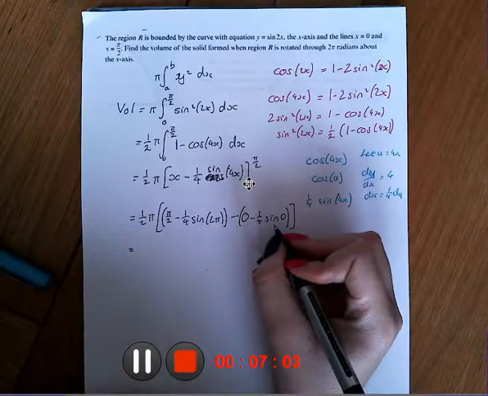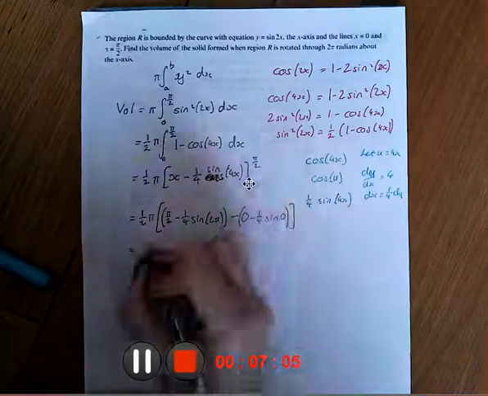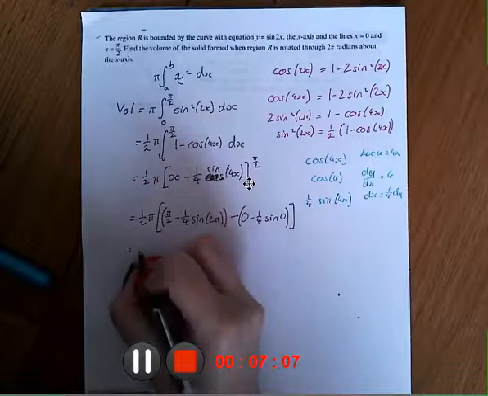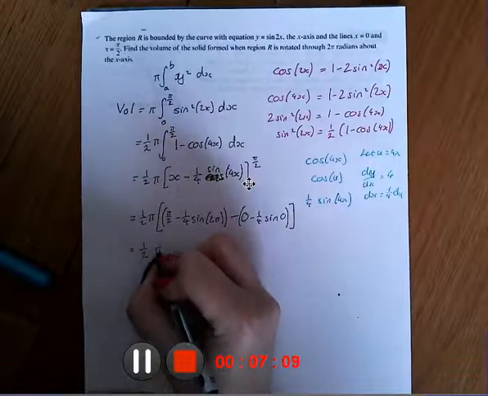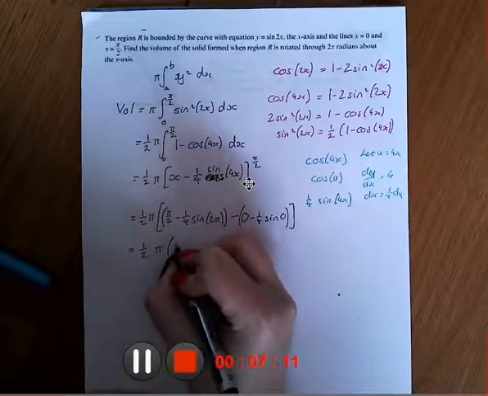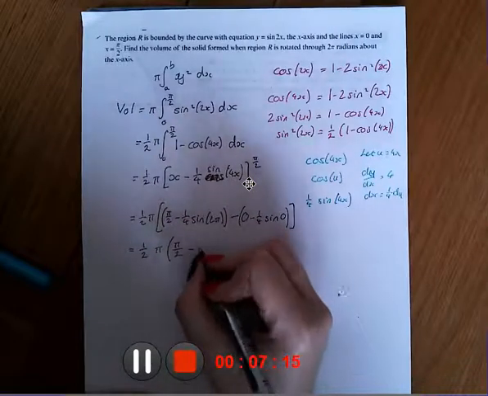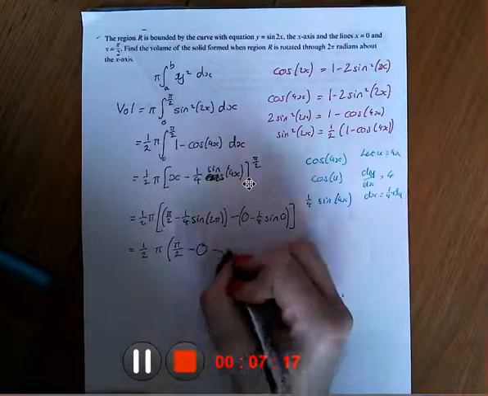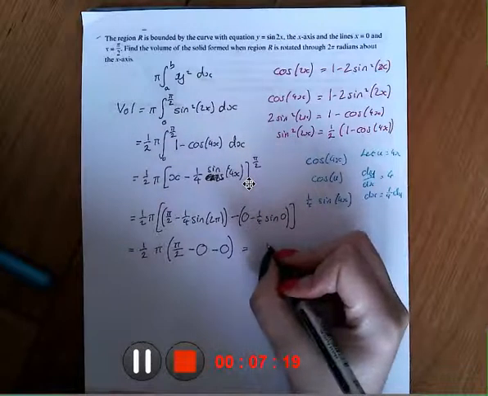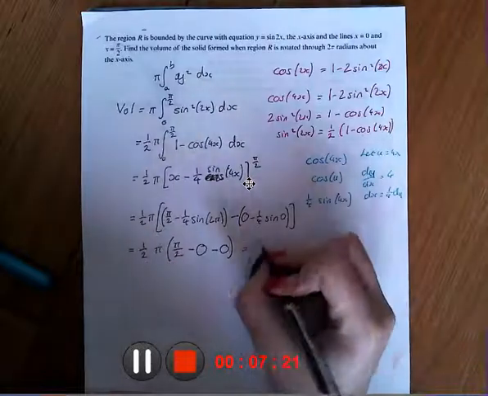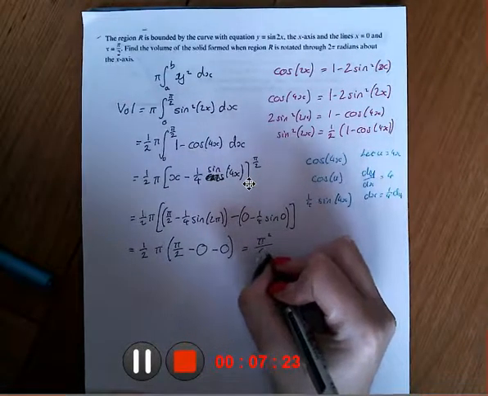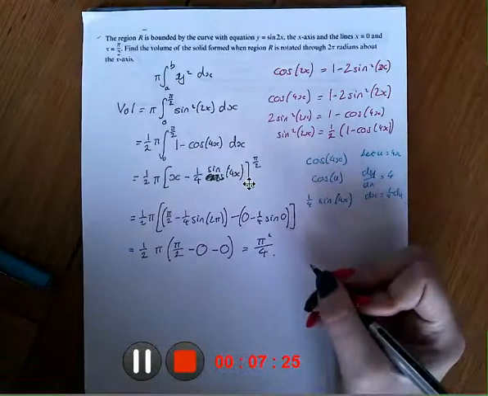You may not, it doesn't really matter. You might also know that sine of 2 pi is 0, but they're the kind of thing that you probably won't think about. So pi over 2, subtract this ends up being 0, this all ends up being 0. So the whole thing is 1/2 pi times 1/2 pi, which is pi squared over 4.